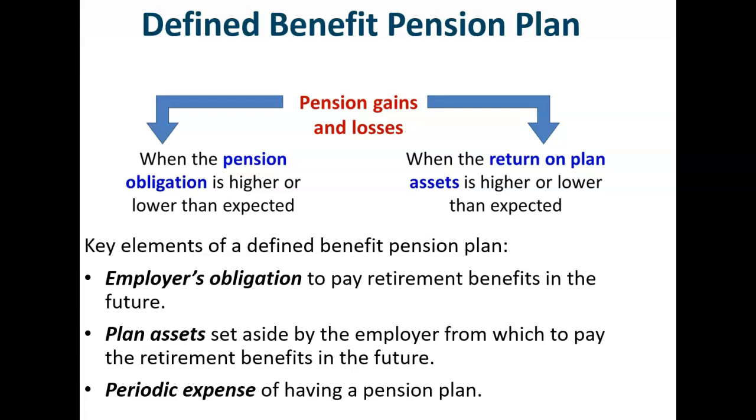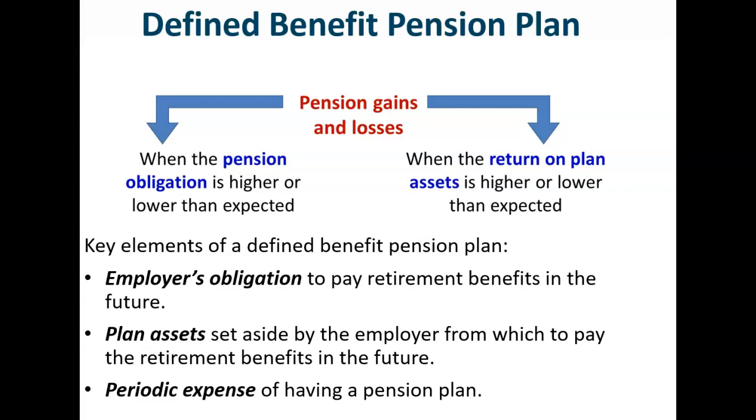Later, we'll discuss accounting treatments of gains and losses derived from changes in an estimate. The point here is that the risk of the pension obligation changing unexpectedly, or the pension funds being inadequate to meet the obligation, is borne by the employer with a defined benefit pension plan.